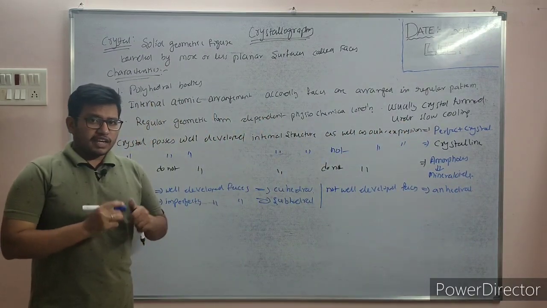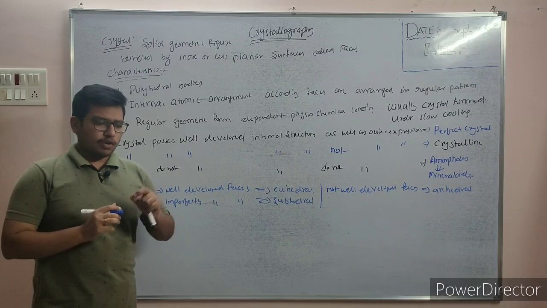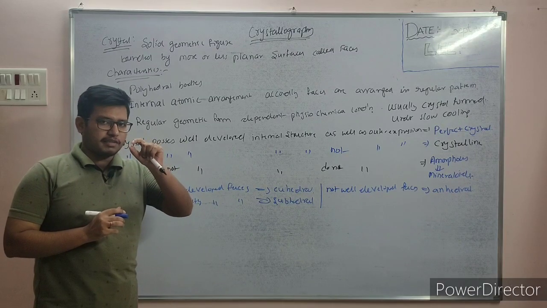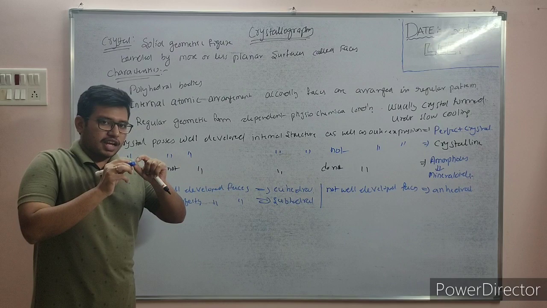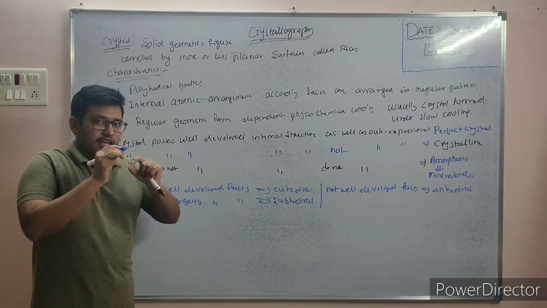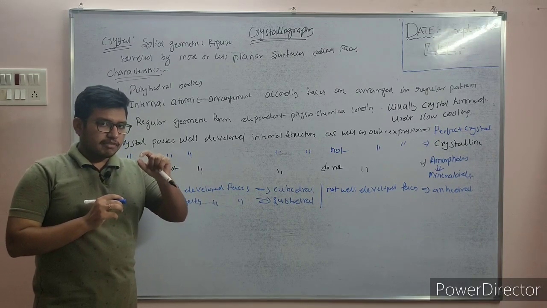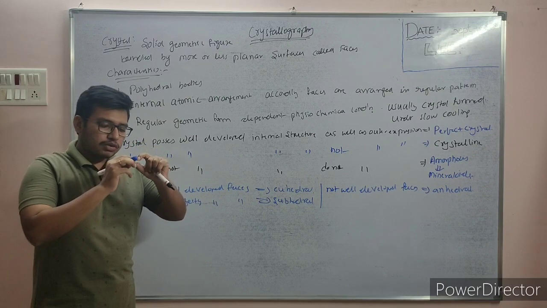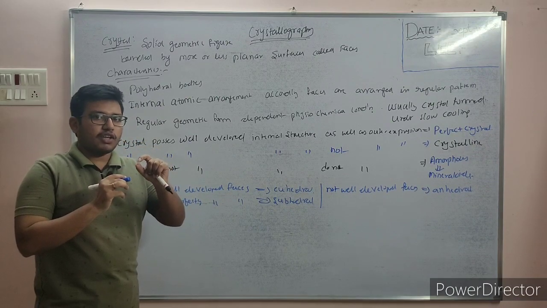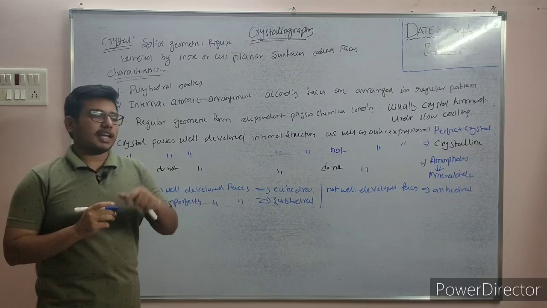Now, if the crystals are so fine, any crystal that is very small and very fine, and their crystalline nature can only be recognized by the microscope, only through the microscope can we find the crystalline nature, then we call it microcrystalline.